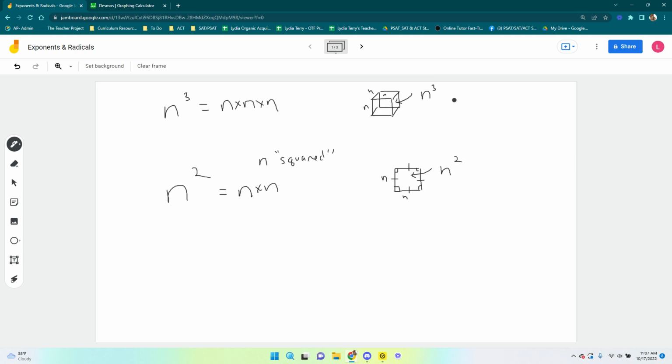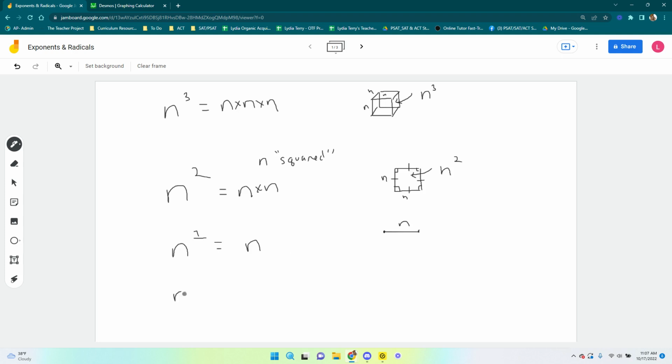The area of a square is side squared. The volume of a cube is side cubed. N to the first is just n. We can think about this geometrically as a line segment of n.